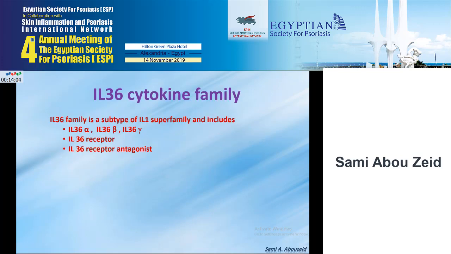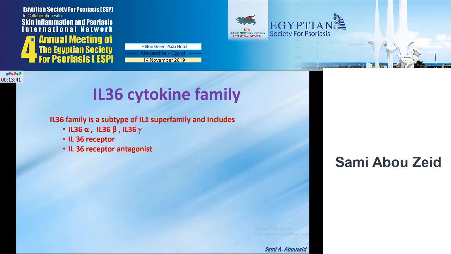The interleukin 36 cytokine family is a subtype of the interleukin 1 superfamily, and it includes interleukin 36 alpha, beta, and gamma, the interleukin 36 receptor, and of course the interleukin 36 receptor antagonist.